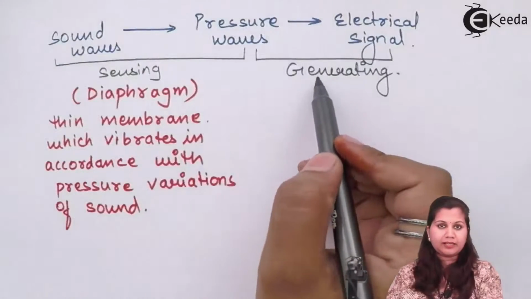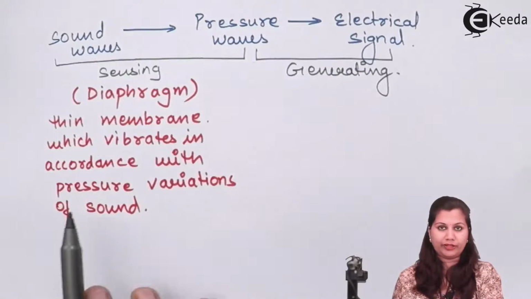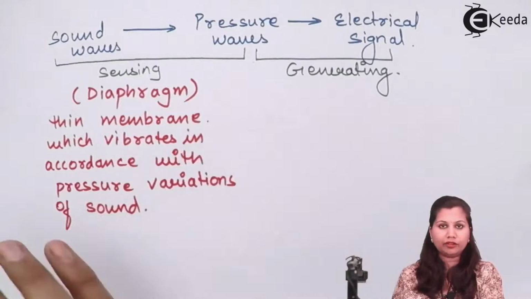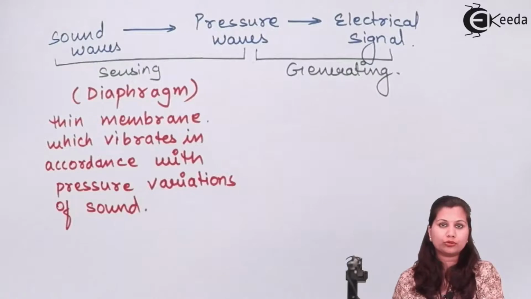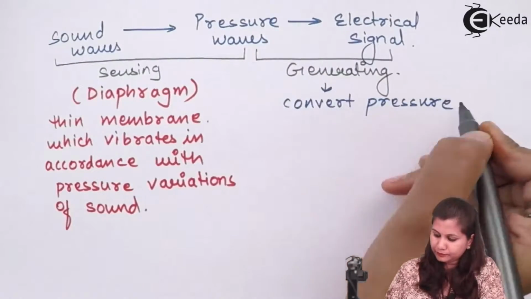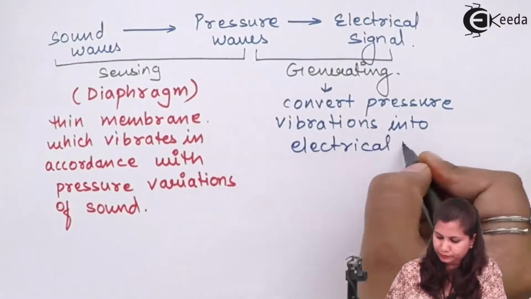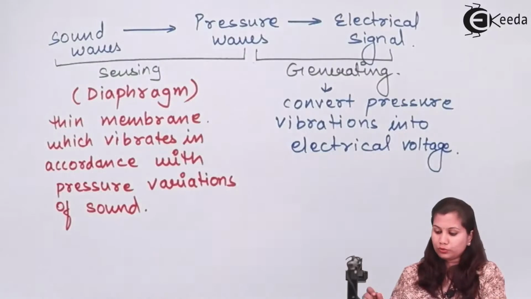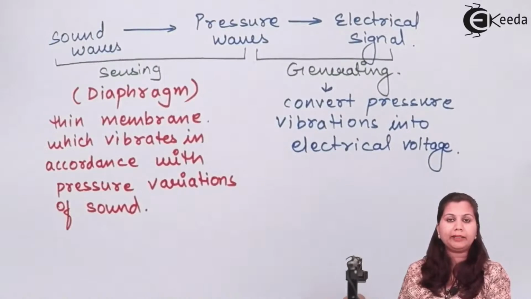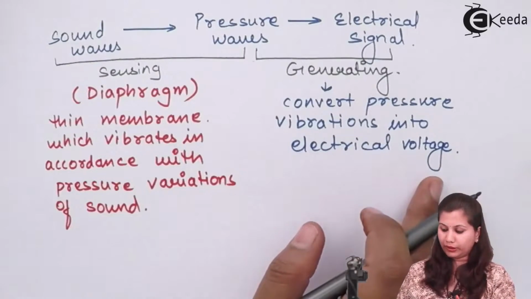Its function is to convert the pressure vibrations generated by the diaphragm into the electrical voltage. The type of generating element depends upon the transduction method which is used for this conversion.